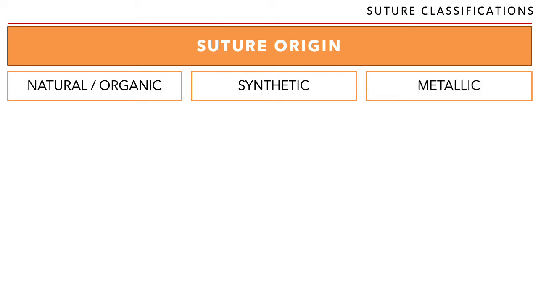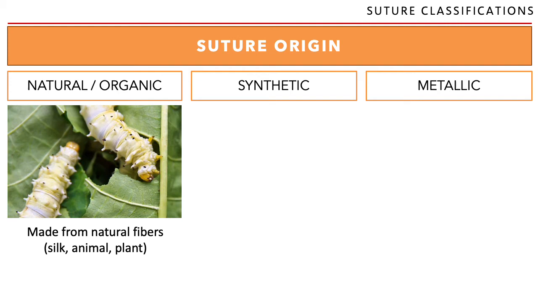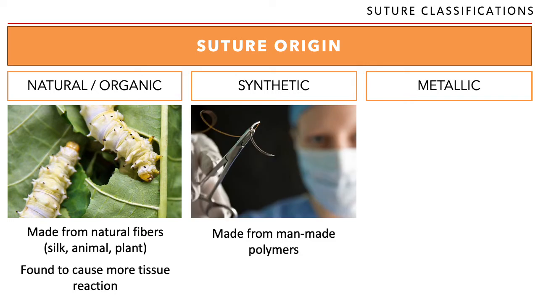Natural or organic suture materials are made from natural fibers, right? It could be from silk, which is from silkworm, it could be from an animal, or it could be from plant, right? And since it is made from natural raw materials, it is found to cause more tissue reaction. As compared to synthetic, which is made from man-made polymers, wherein they themselves designed these polymers and how they will bond to each other.